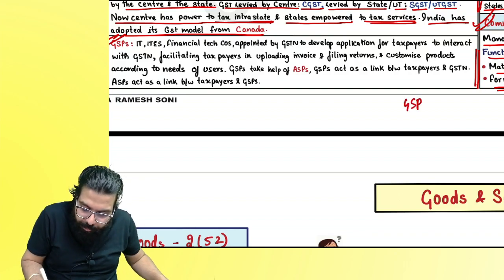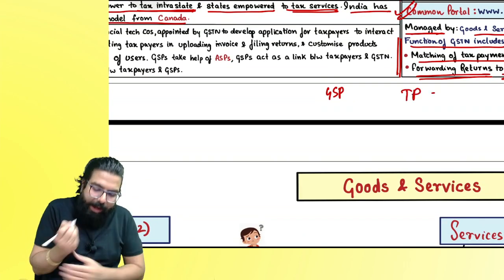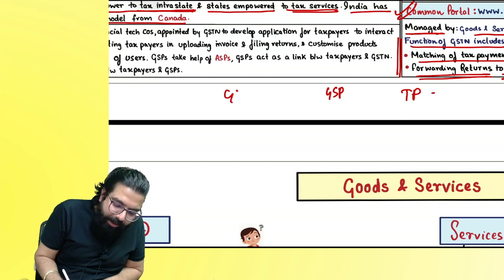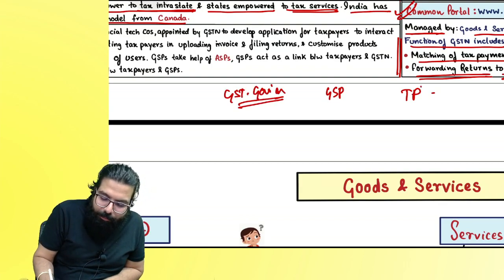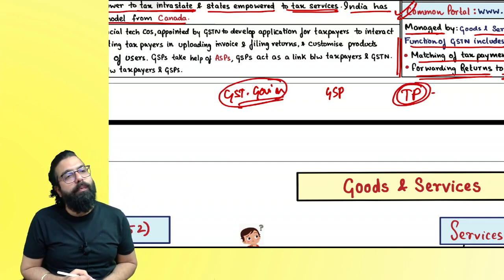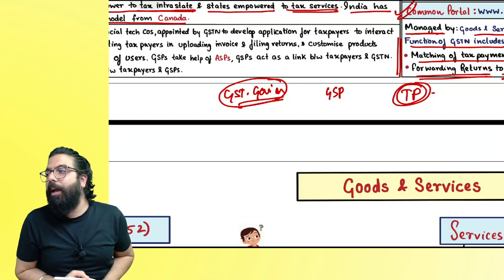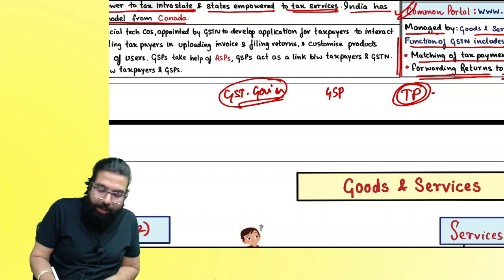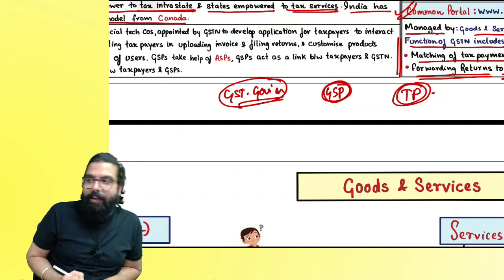The next one we have GSPs and ASPs. Now there is a GSP who is there. There will be a taxpayer and there will be a gst.gov.in. Right, everyone? Now supposingly the taxpayer wants to file his return on the gst.gov.in and he needs some software which will help him in going ahead and filing it easily, so they can go ahead and take the help of GSPs.